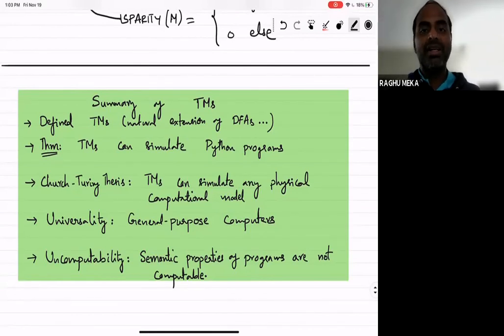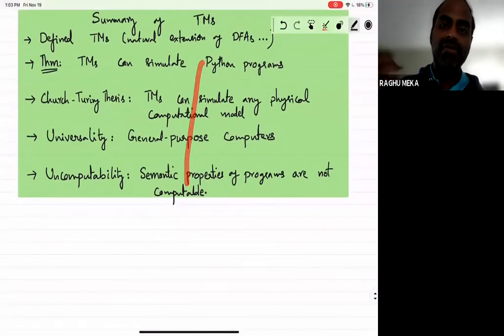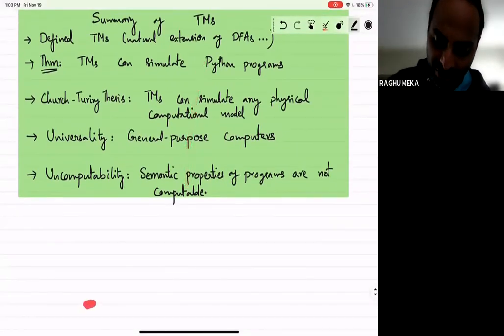In particular, it led to our first uncomputable problem, the toddler problem. And starting from toddler, we built this web of reductions, right? We started with toddler is uncomputable.